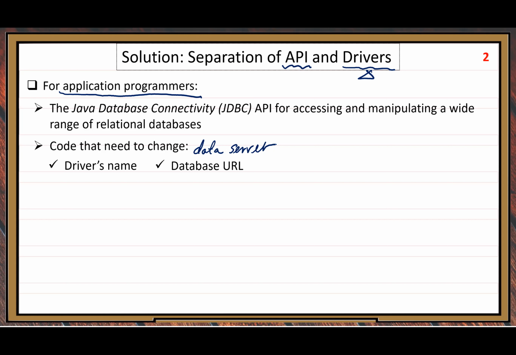After that, database name. Each database has a name. When you need to connect to a particular database, you need to use its name. And later, username and password, right?